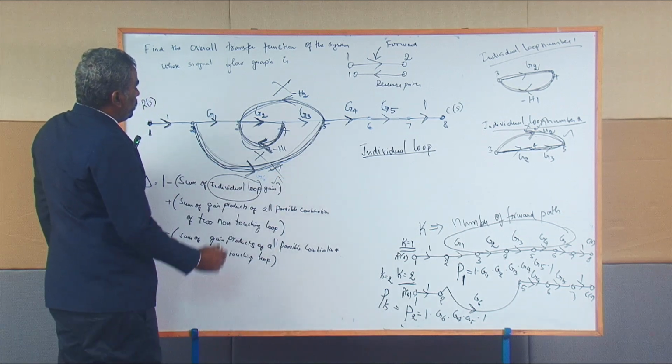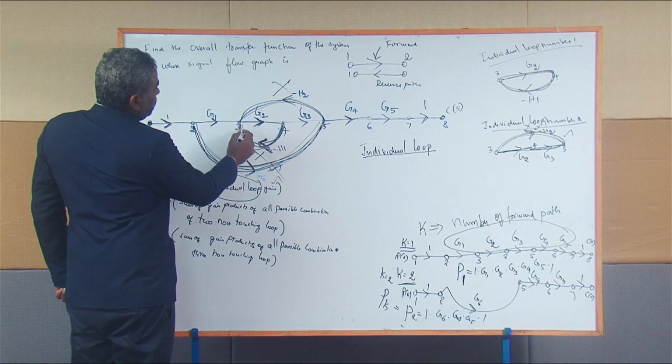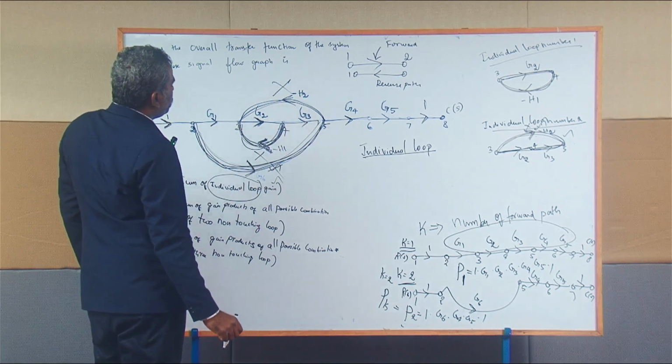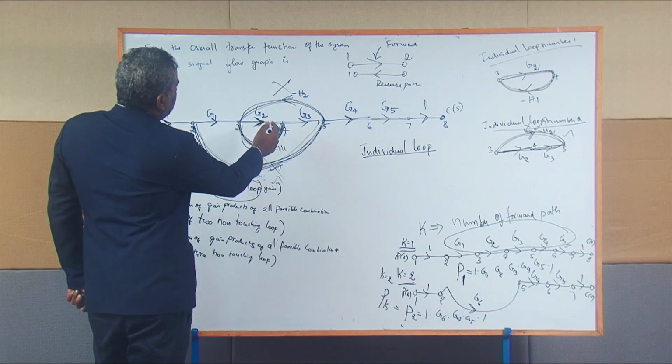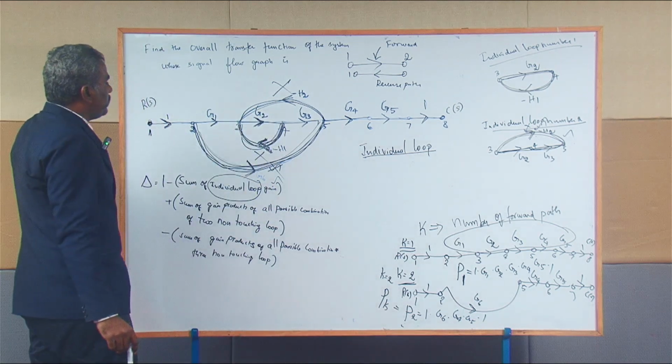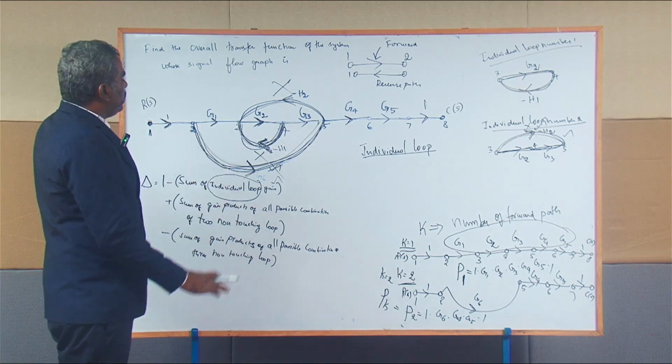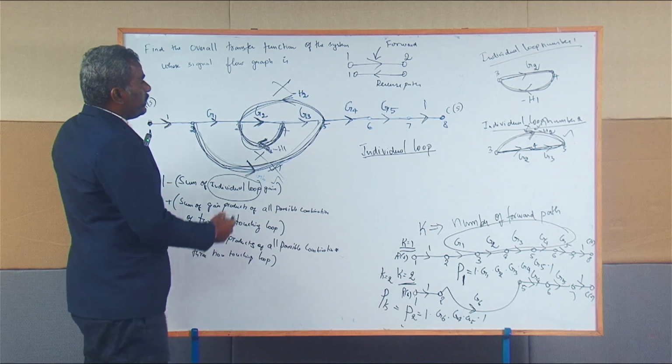Next, the other loop from here, this is also not a possible combination. And is there any other possible combination in which a particular node gets closed with a loop? Is there any other combination? Just to check.